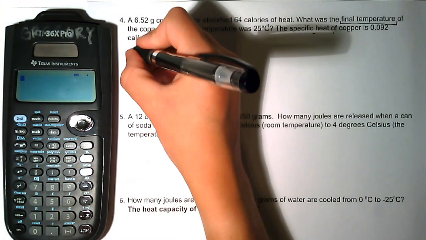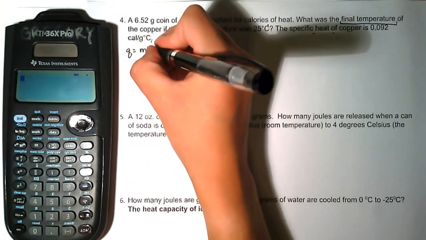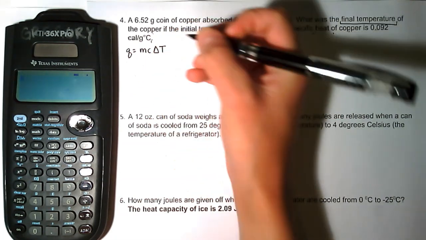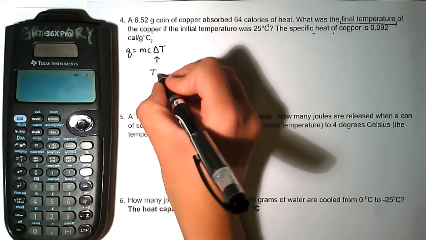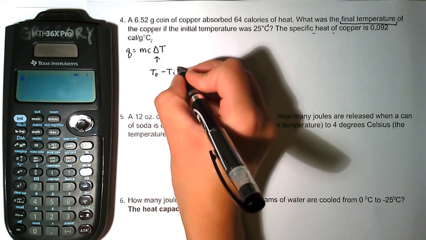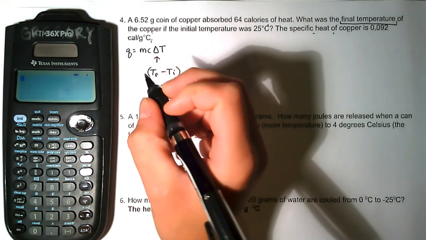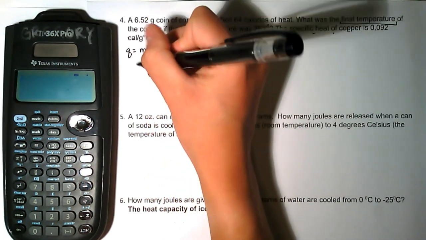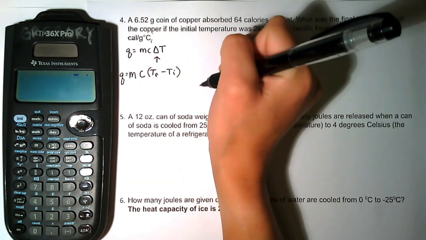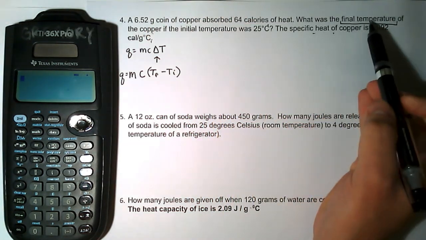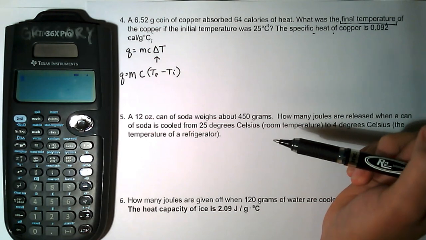Instead of just using our Q equals M times C times delta T, we need to actually split up our delta T into T final minus T initial. So then we can find our final temperature. So we have Q equals M times C times T final minus T initial, and we need to get T final by itself.